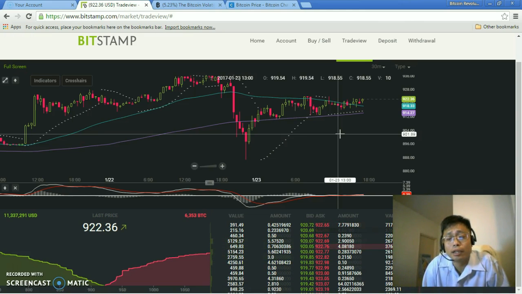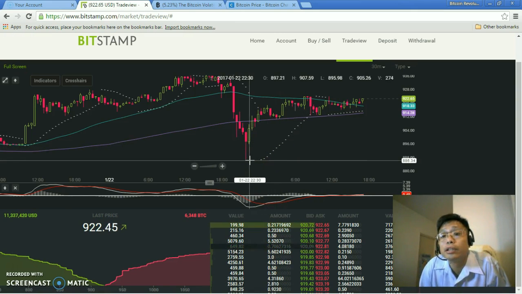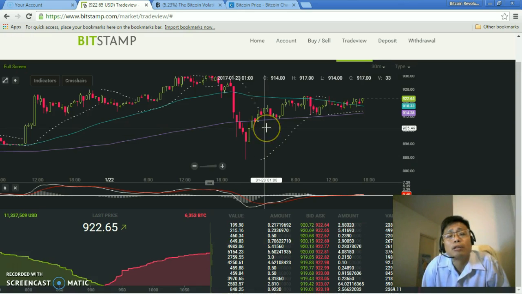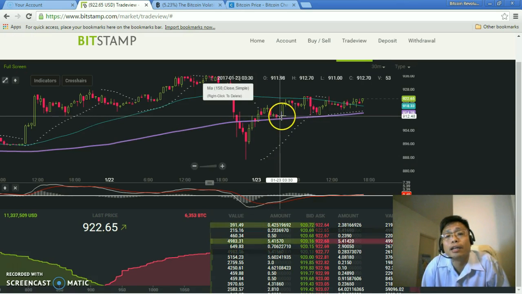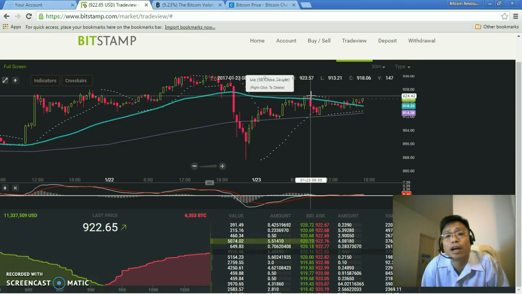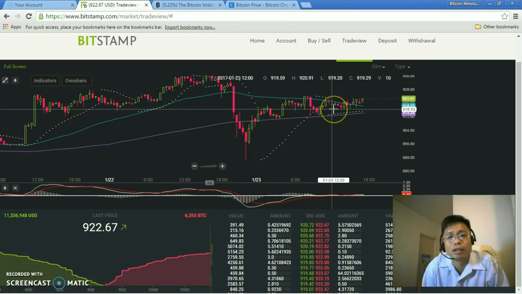There was a drop in price yesterday, all the way down to 886, but immediately after that there was a bounce back, and currently it is consolidating. The consolidation is in between the range of 920 plus to a lower range of 910. So it's currently consolidating around that region.